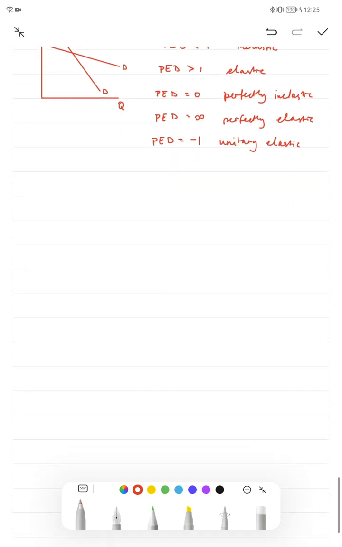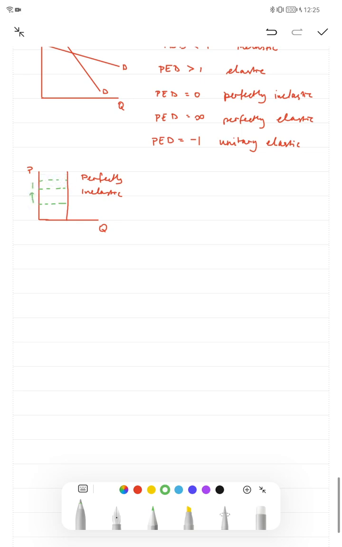If we were to look at these, you can get various demand curves. Something like this would be perfectly inelastic. That means no matter what the price change is, the quantity is always the same.